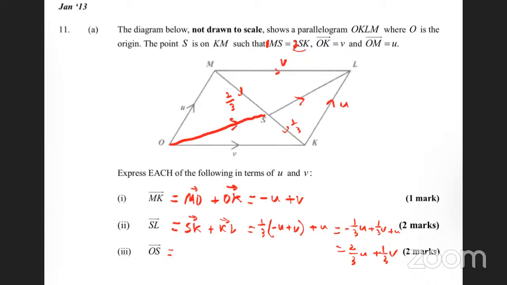So now you can do that. O to M plus M to S. Good job, feet. And you went with the arrow, so you're good to go.